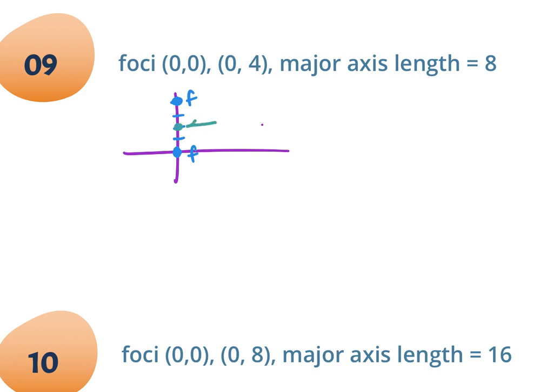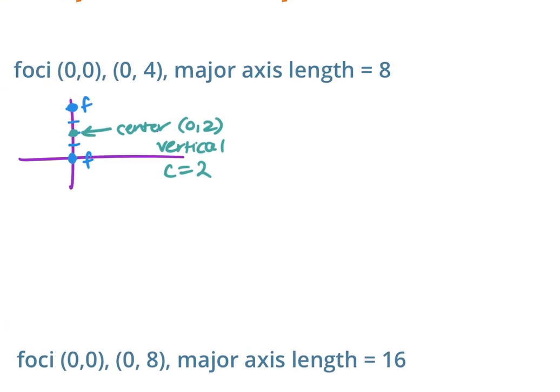Center is at 0, 2. Vertical, and what letter does the foci tell you? C is 2, the distance from the center to the focus.